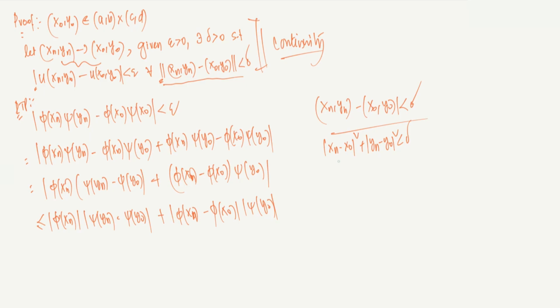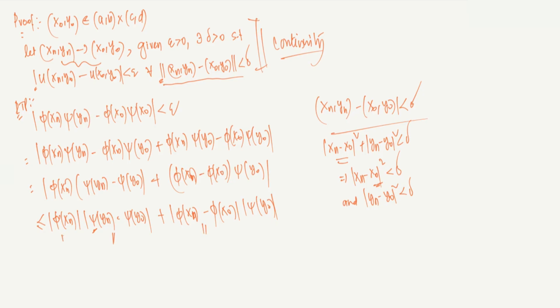From there you can easily conclude that xn minus x naught square is less than delta, and yn minus y naught square should be less than delta. Very simple. The square of two numbers is less than some delta, so each of them has to be less than delta. Now if this is less than delta, by continuity of phi you can make this very small, and again by continuity of psi you can make this very small.